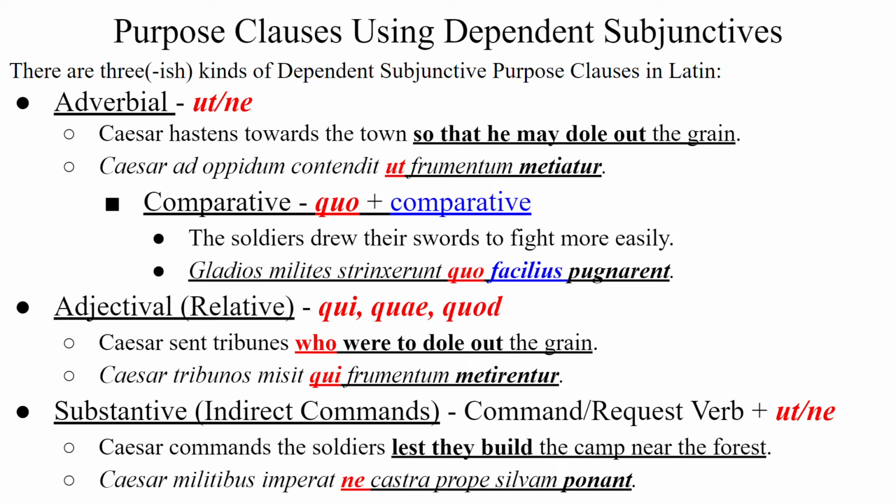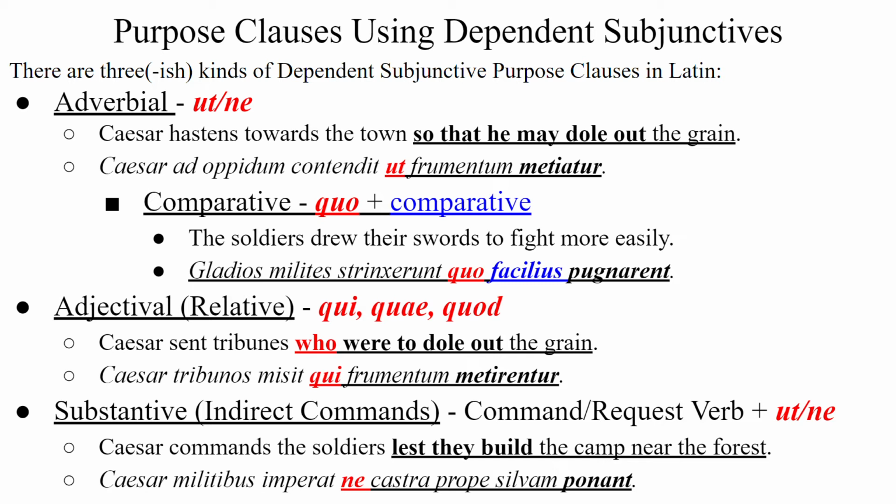So, Caesar militibus imperat, ne castra prope silvam ponant. Caesar commands the soldiers not to pitch camp near the forest. Not to build the camp near the forest. He commands them lest they do this, so that they not do this.